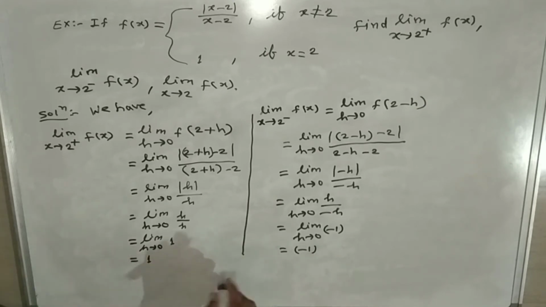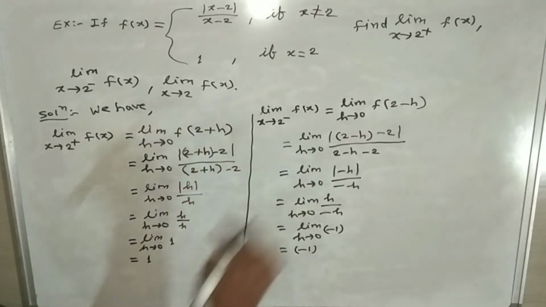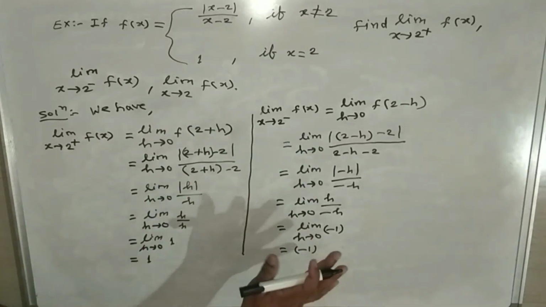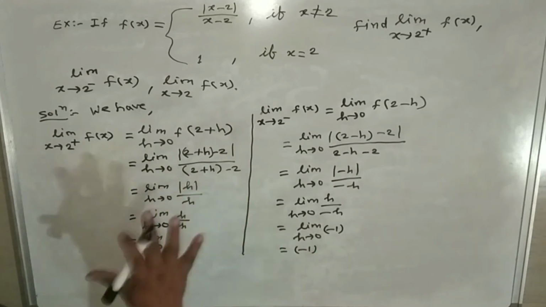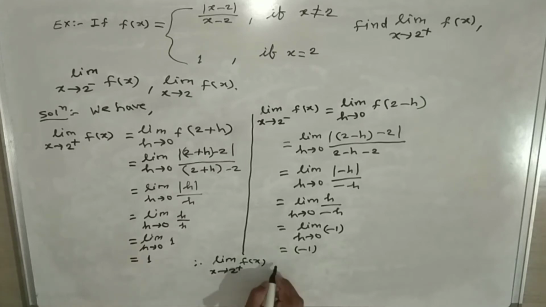So this right hand limit and this left hand limit are not equal. So therefore limit of a function f of x as x tends to 2 plus is not equal to limit of a function f of x as x tends to 2 minus.